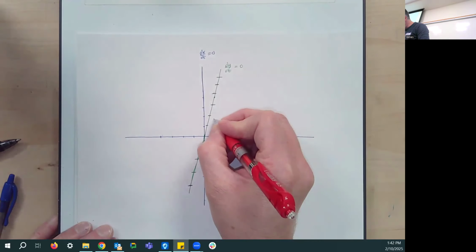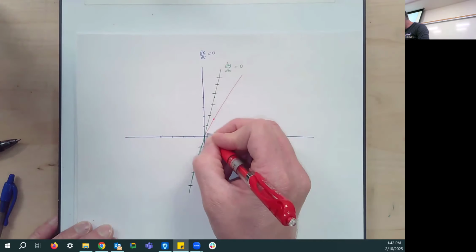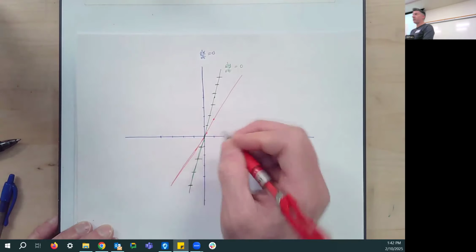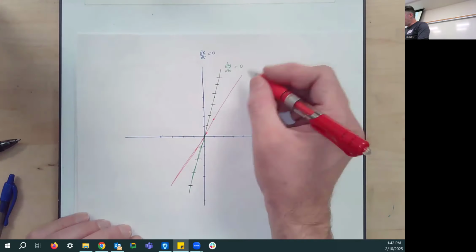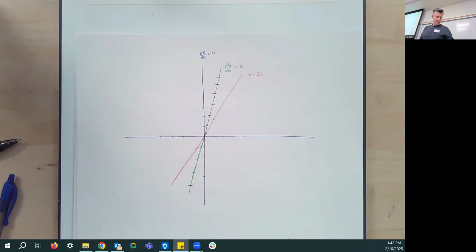Give myself a little more room here. Again, resist the urge to draw arrows at the end here. So here's my eigenline y equal to 2x, corresponding to which eigenvalue? Good question. Corresponding to the eigenvector (1, 2), the bigger eigenvalue, the positive one.